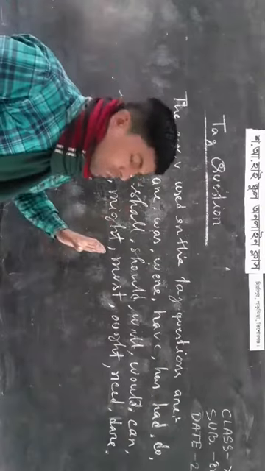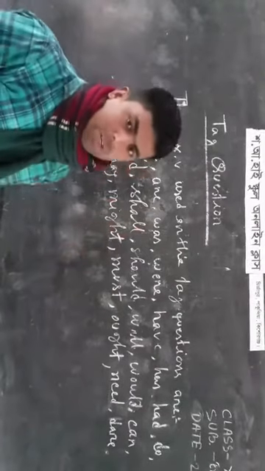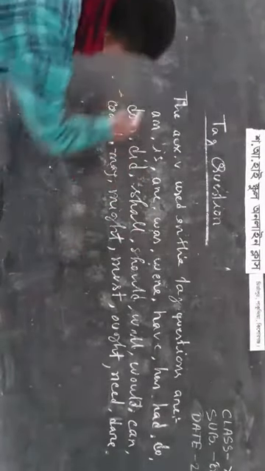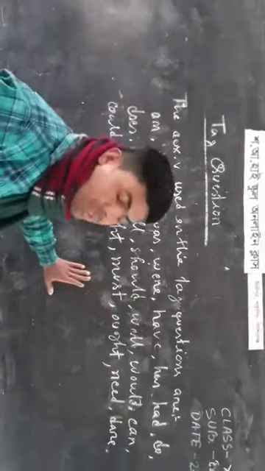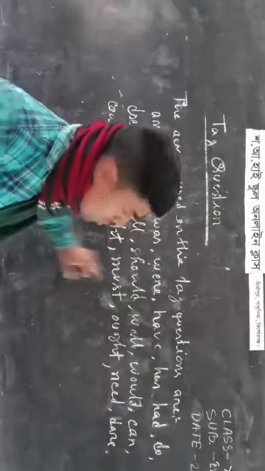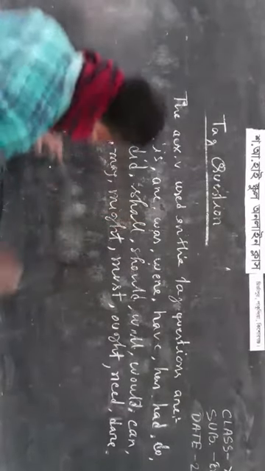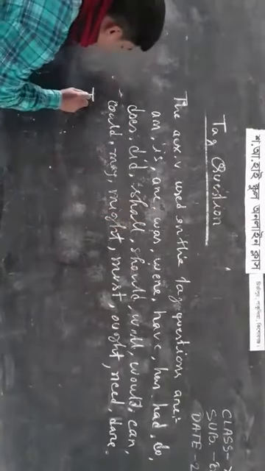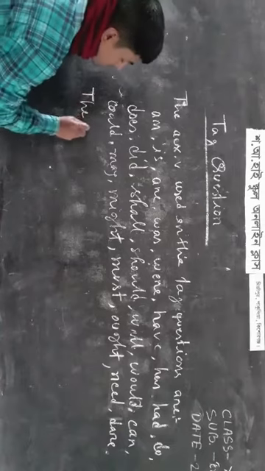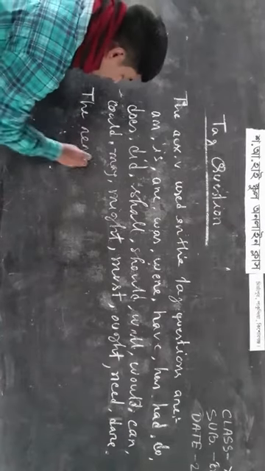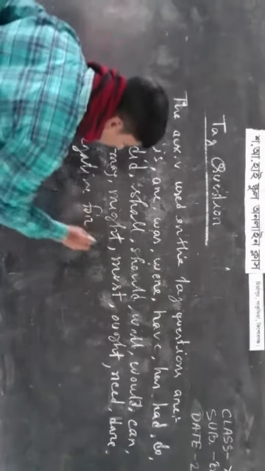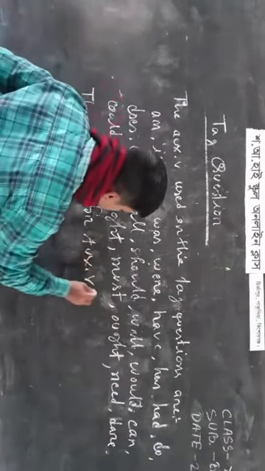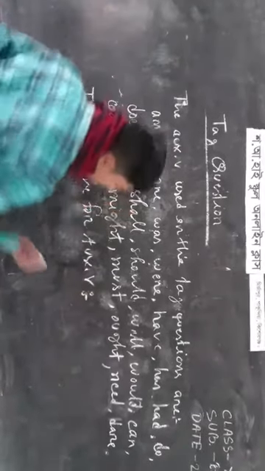To form a tag question, you have to use these auxiliary verbs. These auxiliary verbs are in the affirmative form, and there is a negative form of each auxiliary verb.